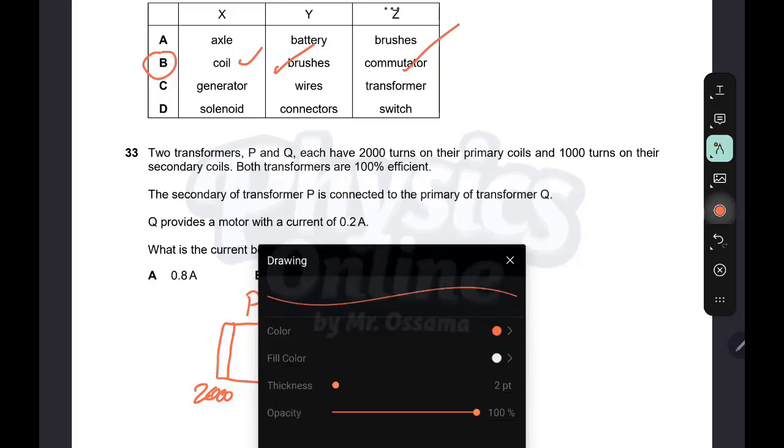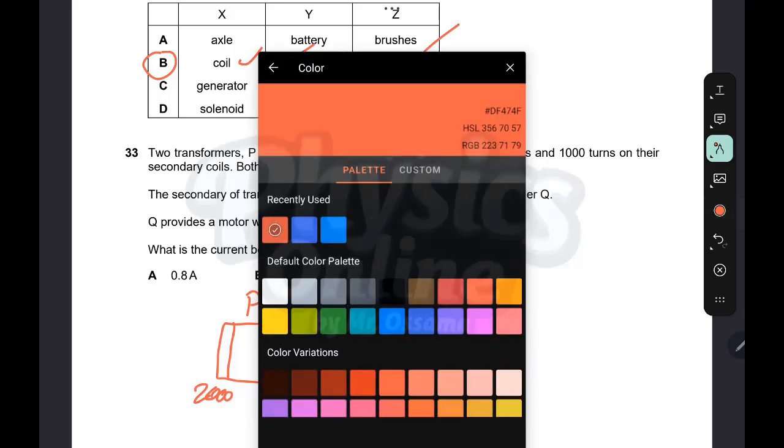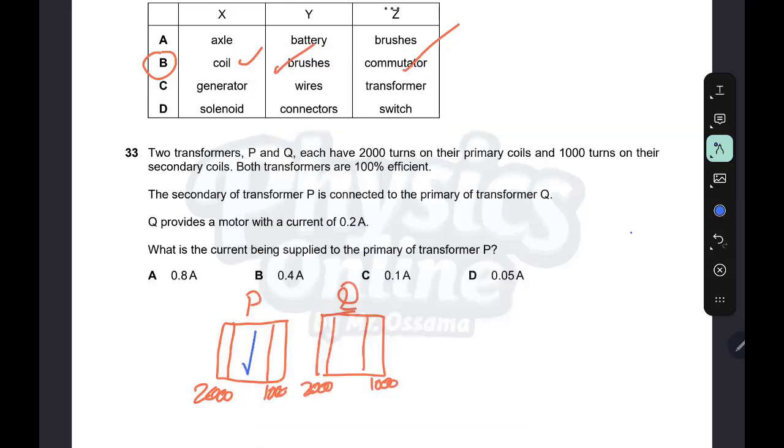It means both of them are step down transformers, meaning they decrease the voltage. Each decreases the voltage to half, so together they decrease the voltage to 1/4 of its original.